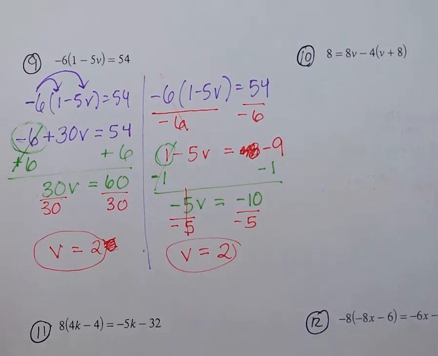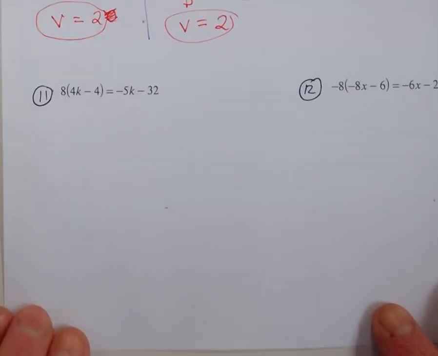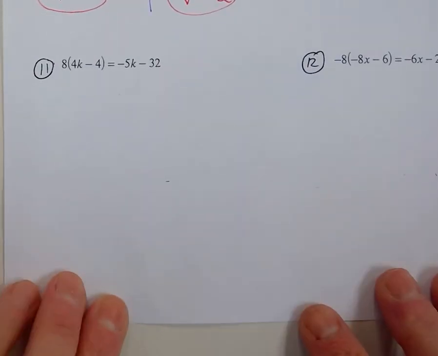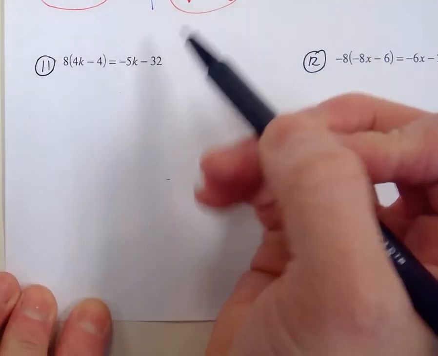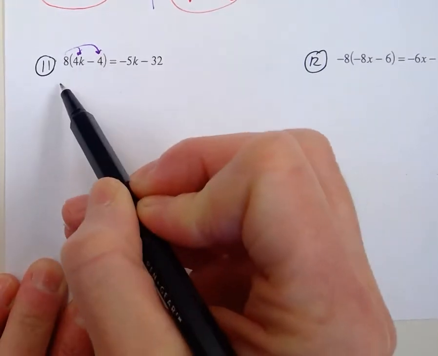All right, our last problem, number 11. This is a big one, but this is actually more like what we've been seeing so far. So we're going to simplify first. On the left, I'm going to distribute the 8.